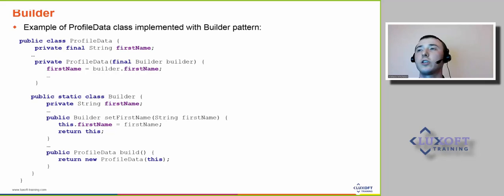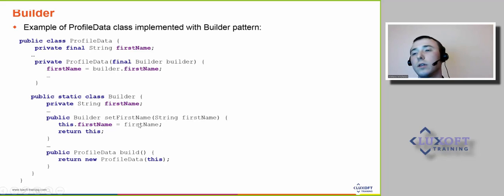Here is the implementation of our profile data class, which is using the builder pattern. We have all our private fields. Then we have a private constructor, which accepts as a parameter the final object of class builder. Builder is a static inner class of our profile data class. It has a duplication of all the field attributes of the profile data class.